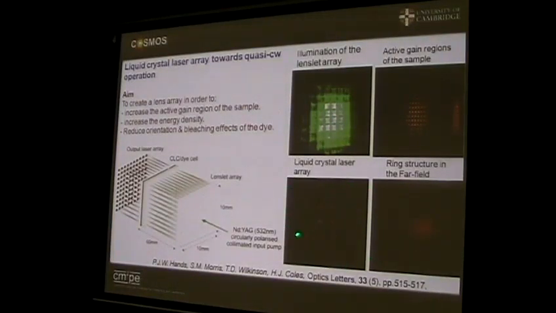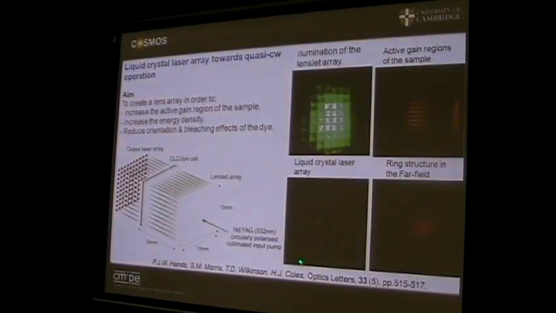The only reason that's cut down in size is just the collection optics to photograph the effect. But what you've got is side-by-side simultaneous lasers. We've made 10 by 10, we've made 50 by 50 simultaneous lasers, so 2,500 lasers lasing at the same time in one cell. That gives you the clue as to how to make higher powers.